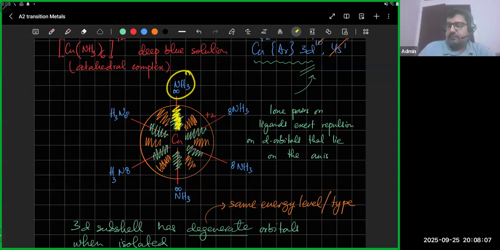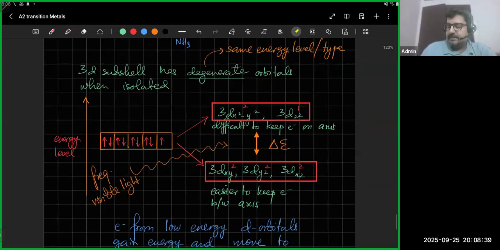And so within the d subshell, there's now going to be a difference. There are going to be areas where it's going to be harder to keep electrons. So these shaded green areas, within the d subshell, it would be harder to keep electrons in those places. And it would be easier to keep electrons in these middle orbitals over here.